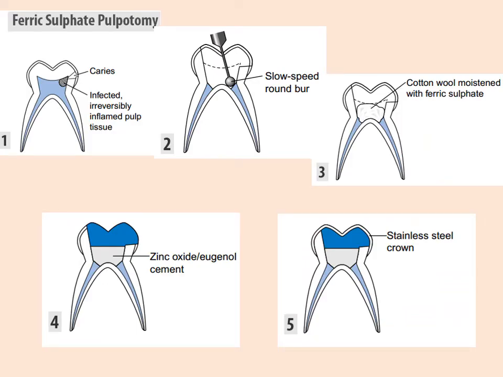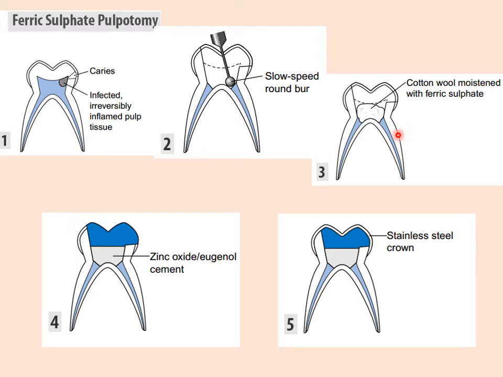So again, in this ferric sulfate pulpotomy, if there is a caries involving or approximating the pulp, and the pulp is irreversibly inflamed pulp tissue, then a slow handpiece is used and the coronal pulp is amputated, after which a cotton pellet is moistened with ferric sulfate and placed on the amputated pulp for 15 seconds.